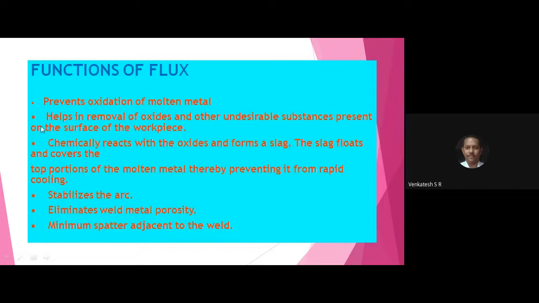Next line, write down number 2, helps in removal of oxides and other undesirable substances present on the surface of the workpiece.